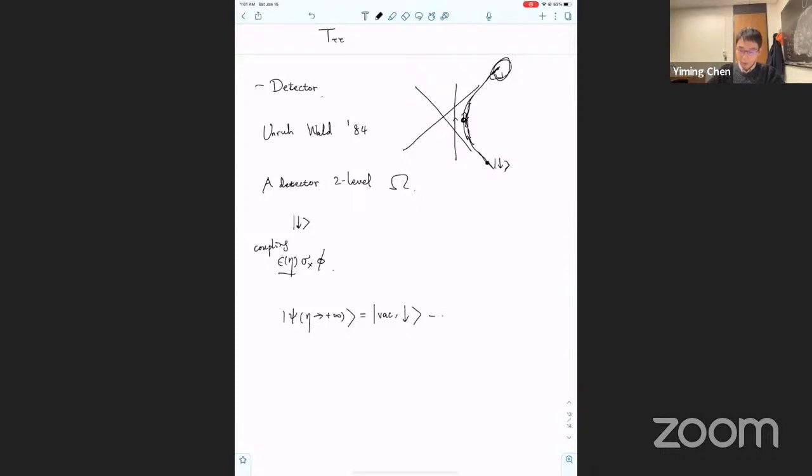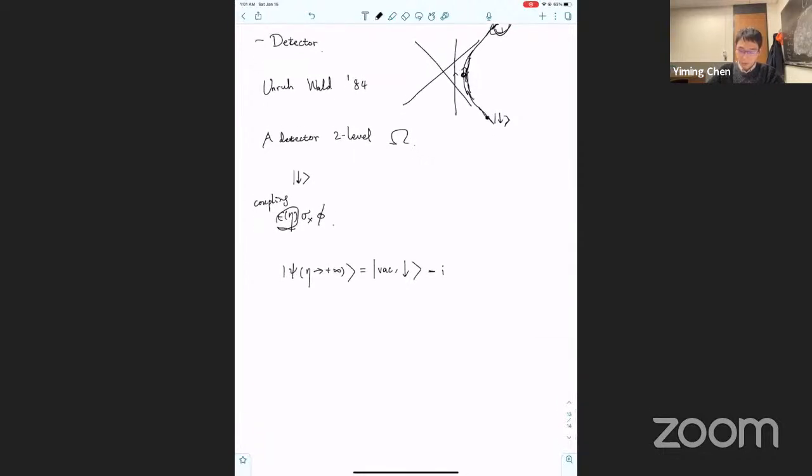But there is some small probability, proportional to this eta function, that your detector detects a particle. What will be the state after it detects a particle? That will be some small coefficient, let me call it epsilon tilde, which you can compute if you work it through, times an annihilation operator b with frequency omega divided by a in the right wedge, times the vacuum state and up.